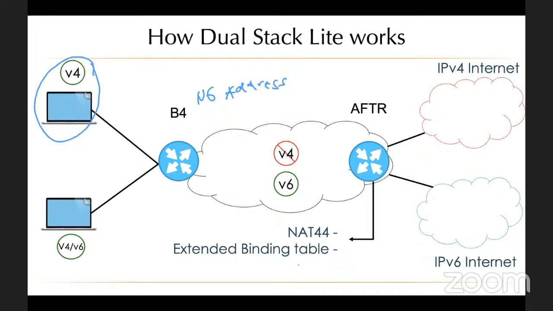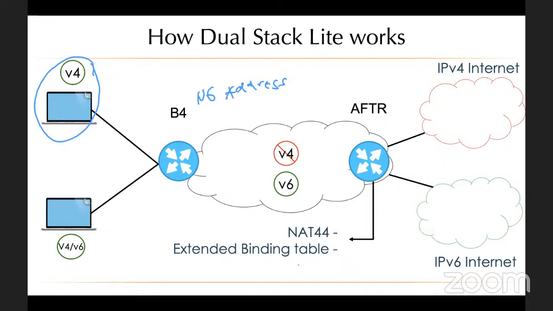So when you look at DualStack Lite, most of the heavy lifting is done on the AFTR. And typically this will be a CGN box. If you look at it from the perspective of logging, DS-Lite does what we call per-flow logging.